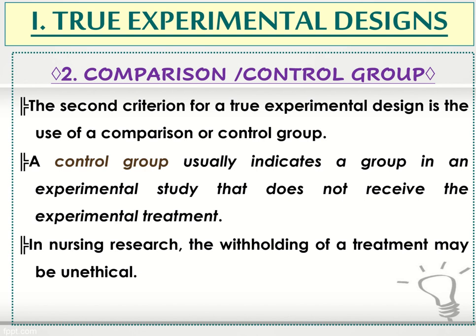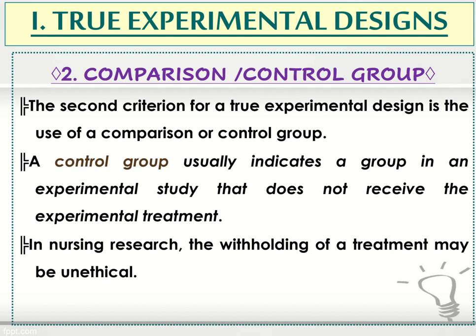So remember, in nursing research, the withholding of treatment may be unethical. That's why the comparison or the control group usually receives the normal or routine intervention na tinatawag natin.